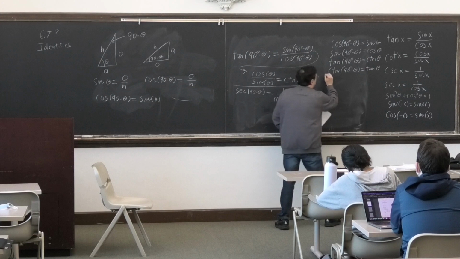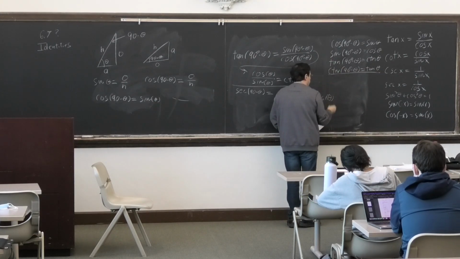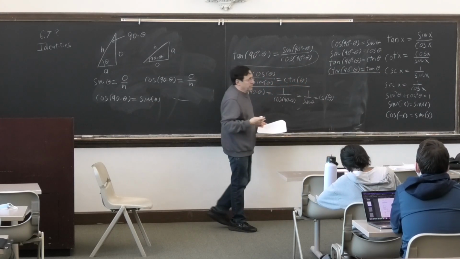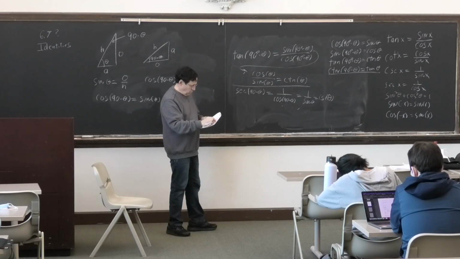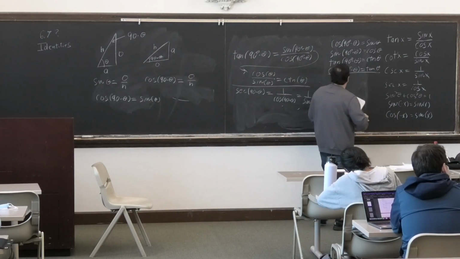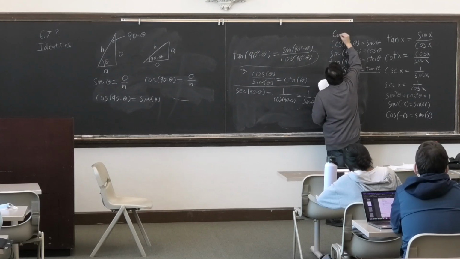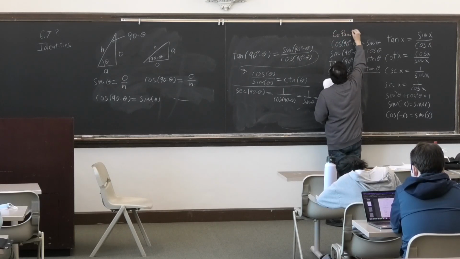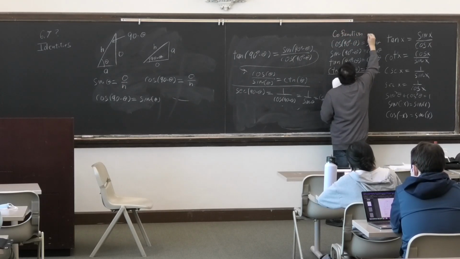Okay, I think I'm just going to leave those off for now. Again, something you can derive quite easily. So these are sometimes called co-function identities.